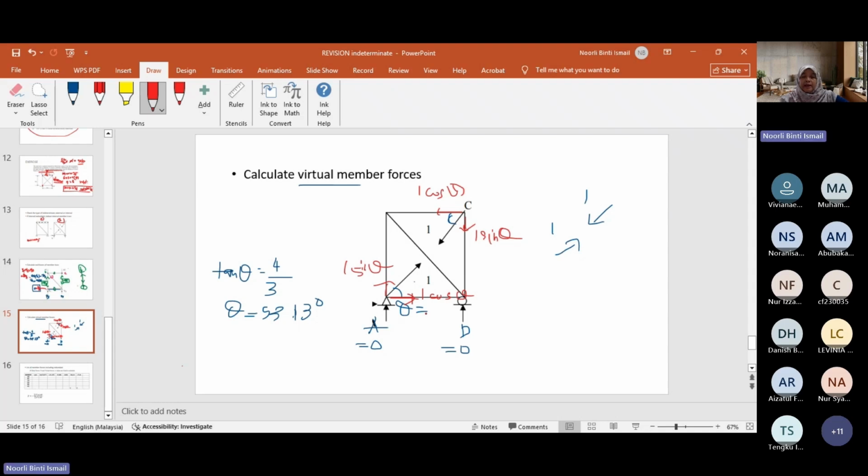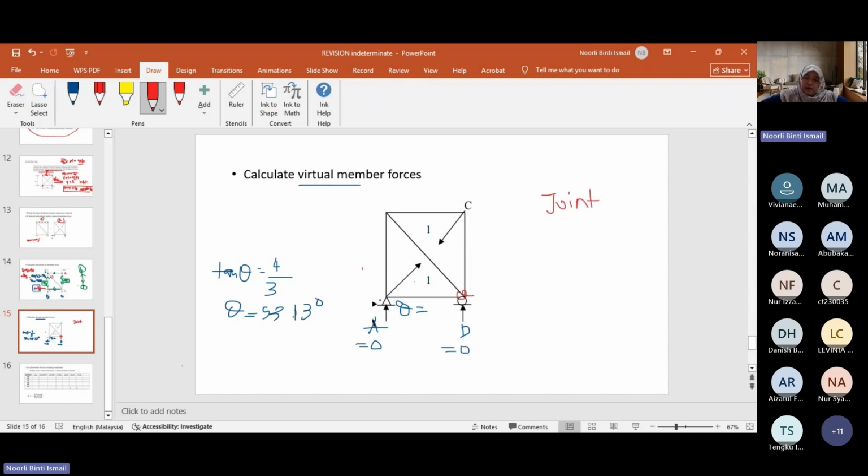Okay. Then, but our aim is want to find the member forces lah. Okay, selesai yang ni. So how to find the member forces? You can use method of join. Okay, method of join. Now we take join A. Because we have 1 unit load.